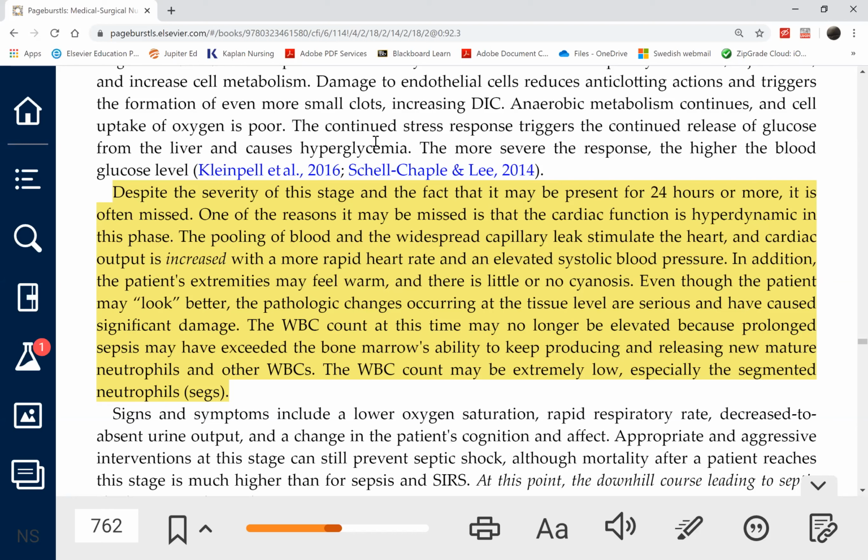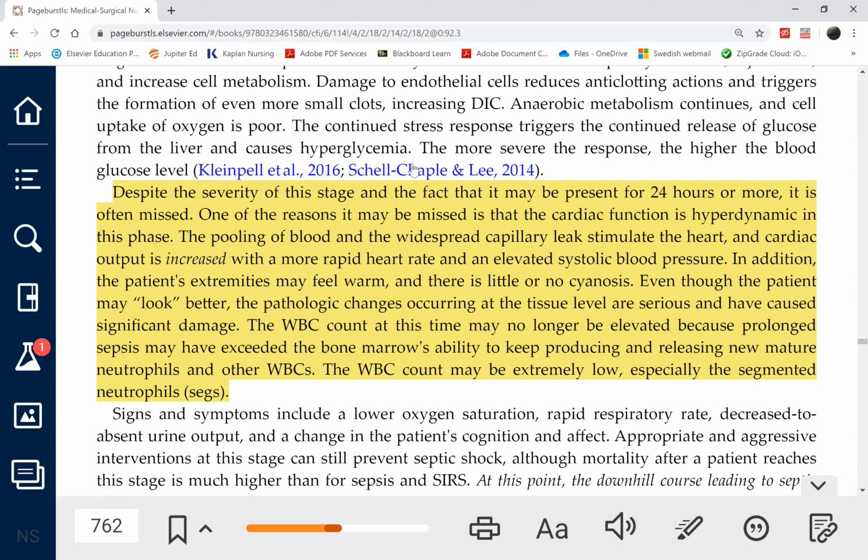Even though the patient may look better, the pathologic changes occurring at the tissue level are serious and have caused significant damage. The white blood cell count at this time may no longer be elevated because prolonged sepsis may have exceeded the bone marrow's ability to keep producing and releasing new mature neutrophils and other white blood cells. The white blood cell count may be extremely low, especially the segmented neutrophils.